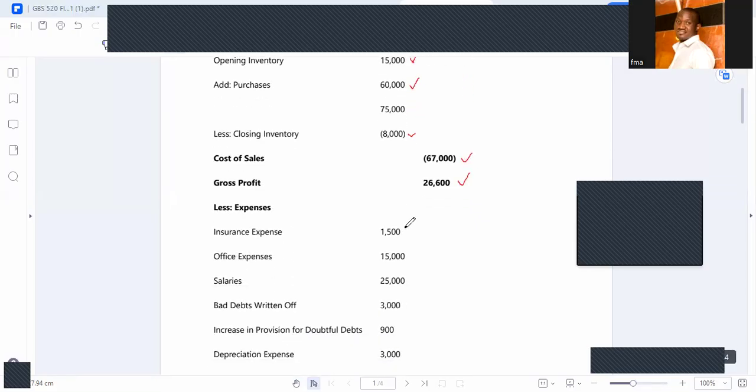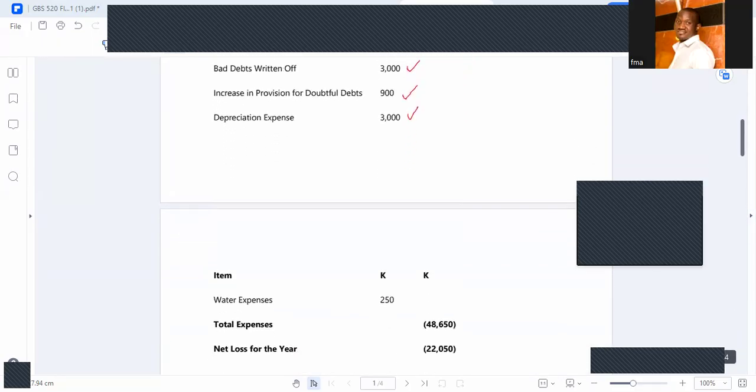Then we go to our insurance. We see how insurance changed from 2,000 to 1,500 because we subtracted the 500 prepayment. Office expenses as they are, 15,000, salaries 25,000, bad debts written off, the 3,000 increase in doubtful debts, 9,000 depreciation was a 10%. Do you know where those are coming from? All right.